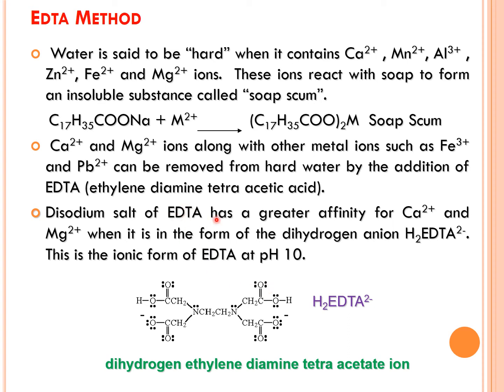So this EDTA -2 ion or EDTA -4 ion will form a stable complex with the metal +2 ion at a pH of around 10.